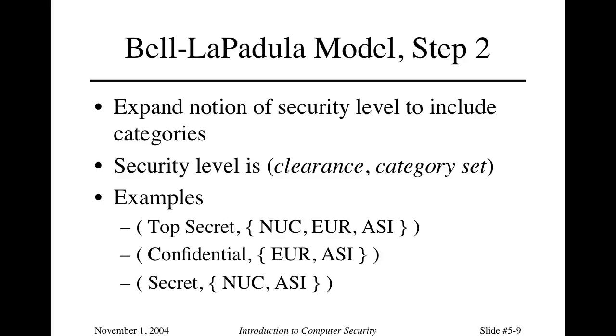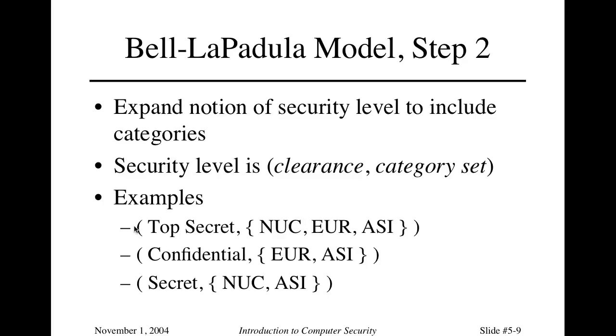So in this example, the security levels are more complex than the previous example. The security level has two parts. A security level can be top secret and also attached with a set of categories, like nuclear, Europe, or Asia.